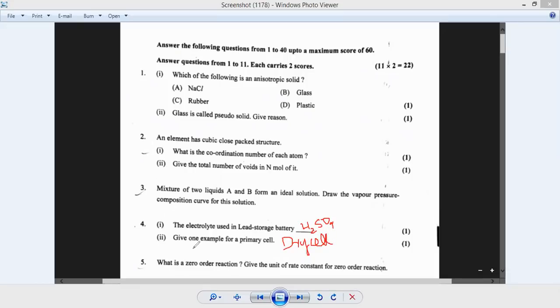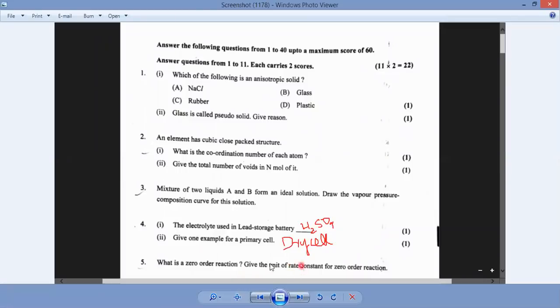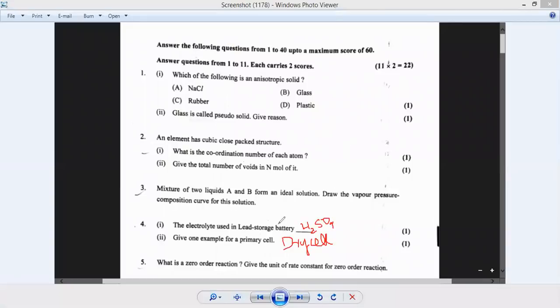So let's move on to the next question. What is a zero order reaction? And also give the unit of rate constant of a zero order reaction. First let me write the unit, then I'll go into the detailed derivation of zeroth order reaction.